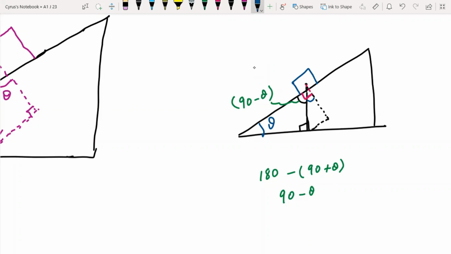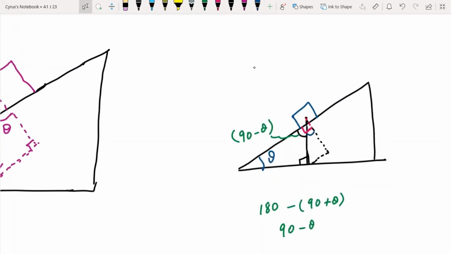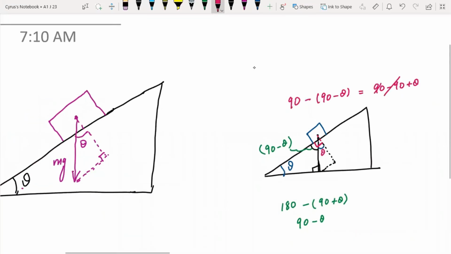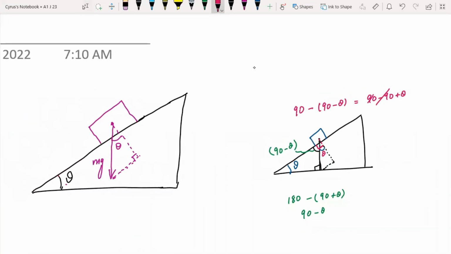If you subtract this 90 minus theta from this whole 90, what you'll get is 90 minus (90 minus theta), and you get 90 minus 90 plus theta, and you see what? This angle here is nothing but theta. This is trigonometry that you can apply. So remember that this angle theta here is always equal to this angle theta.